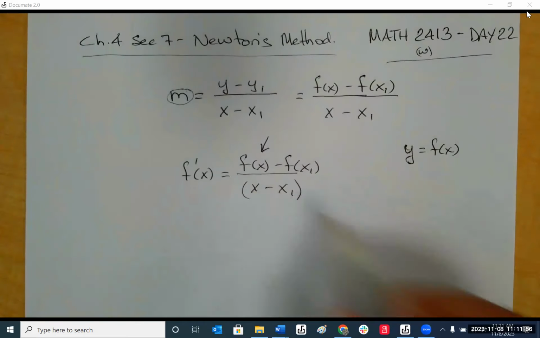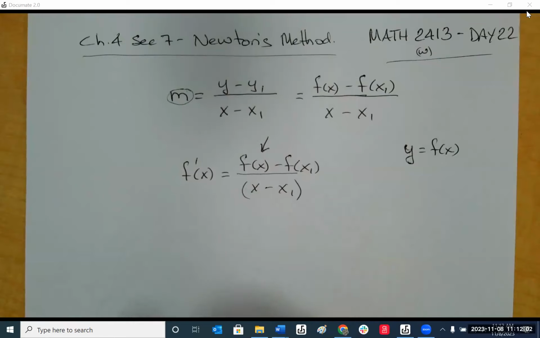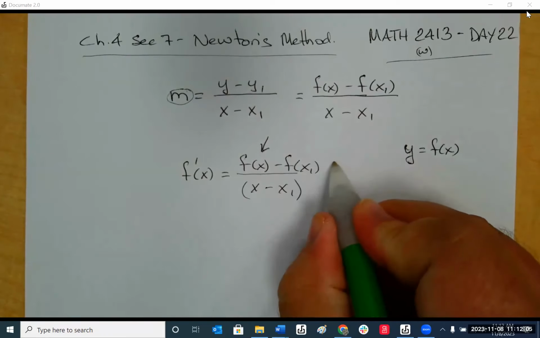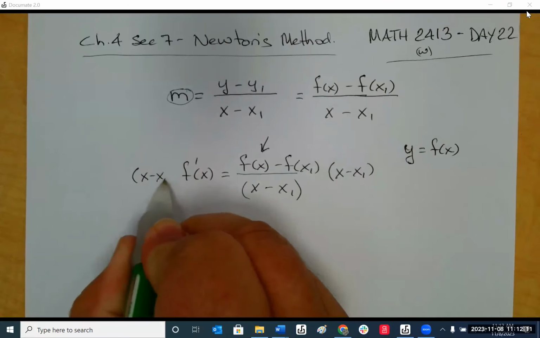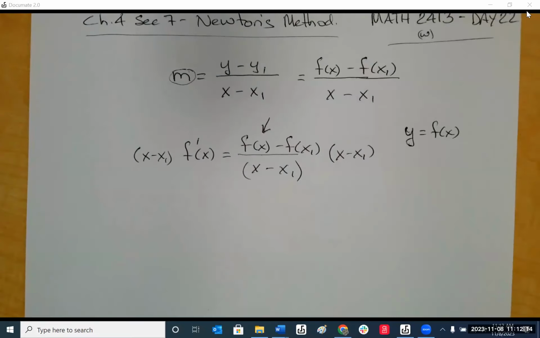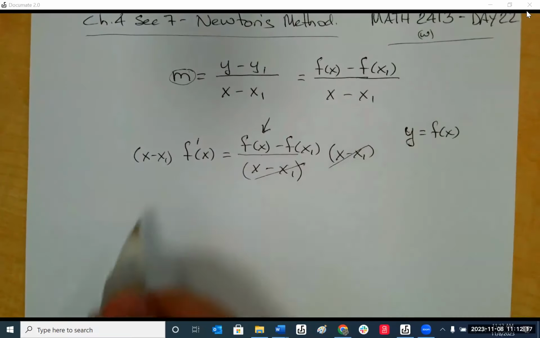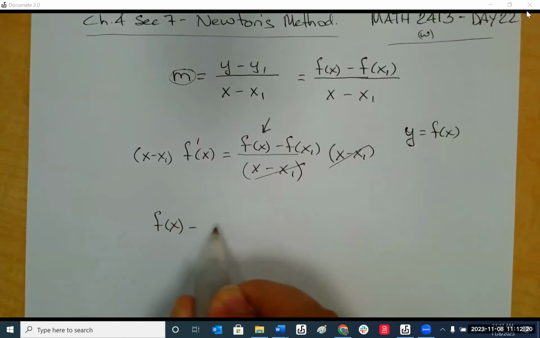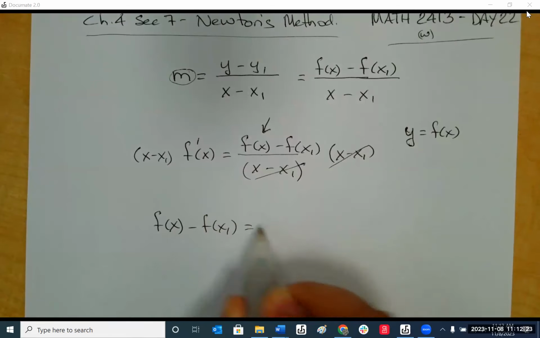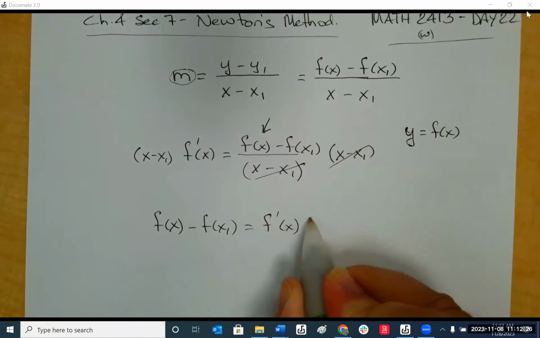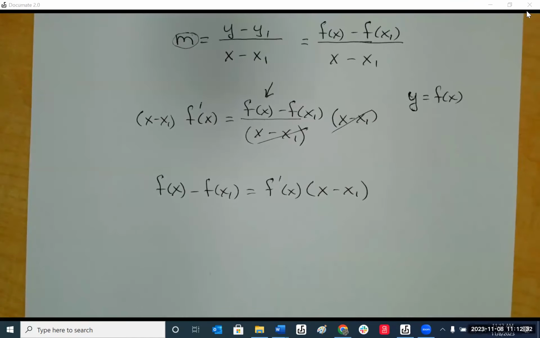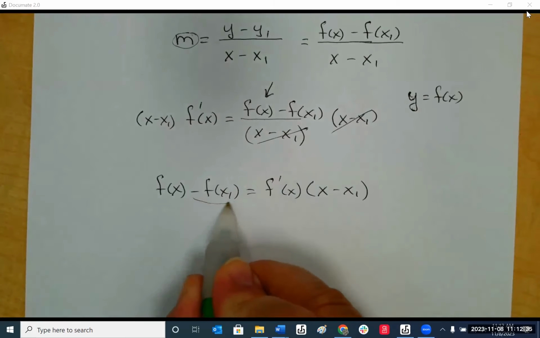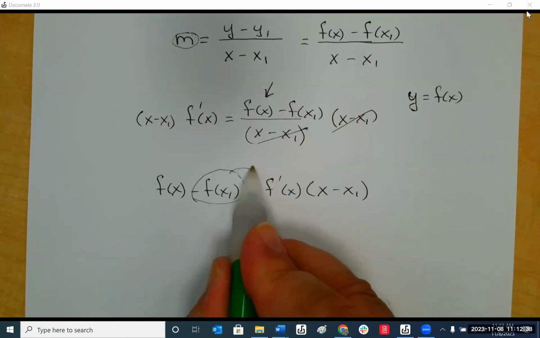So how do we do that? We first have to get rid of the fractions. So multiply both sides by x minus x1. So we have f of x minus f of x1 equals f prime of x times x minus x1. Since we're trying to get y by itself, we have to move that over.